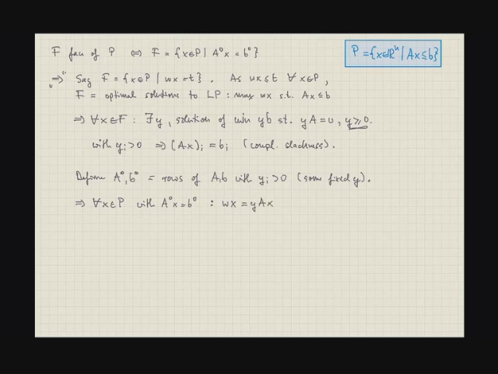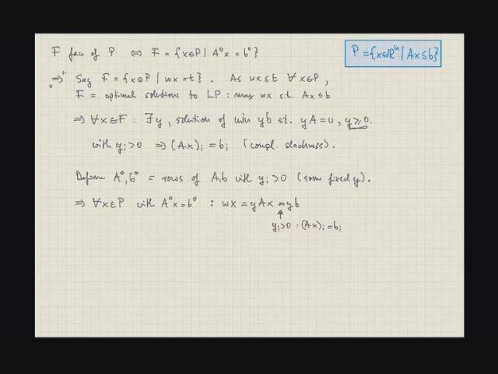And now I claim that this is equal to y times b. Why is that? Well, because whenever yi was strictly larger than 0, we know that the corresponding primal constraint is fulfilled with equality, right? So Ax i is equal to bi. And therefore, I get this equality here because for all the y's which are 0, I have a 0 on both sides, and for all the y's which are strictly positive, I have equality here.